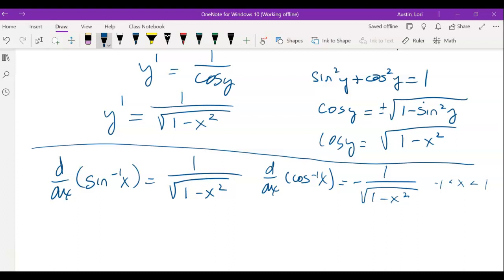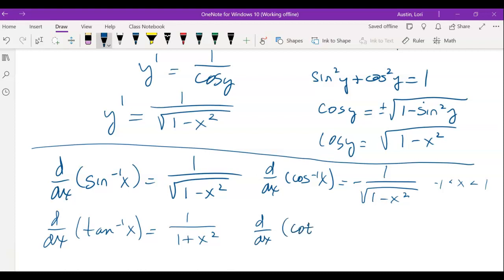Okay, d dx of tangent. This one's easy. Cotangent is simply negative 1 over 1 plus x squared.